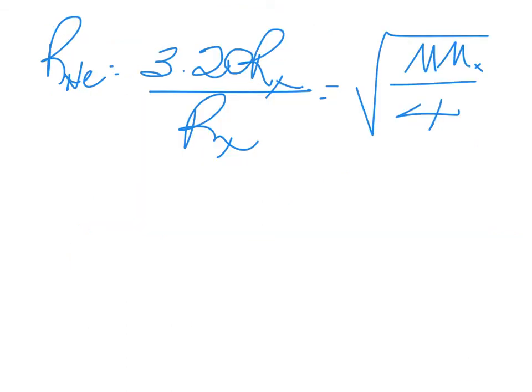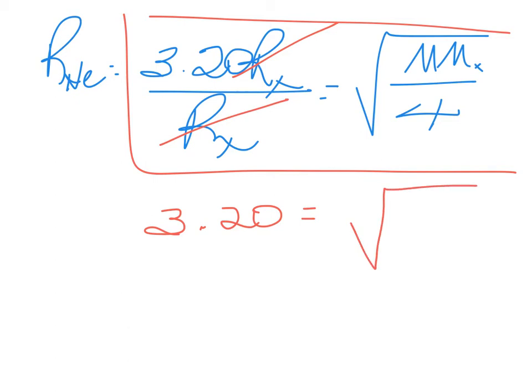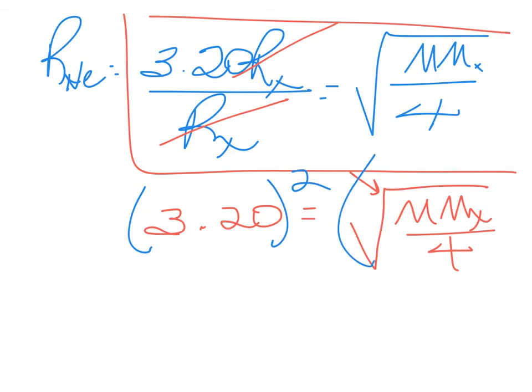Okay, so how do we solve this? Well, we can cross out what's the same on top and bottom, that's just algebra, and rewrite it as 3.2 equals the square root of the molar mass of the unknown gas over 4. How do we get rid of this square root sign? Square both sides.